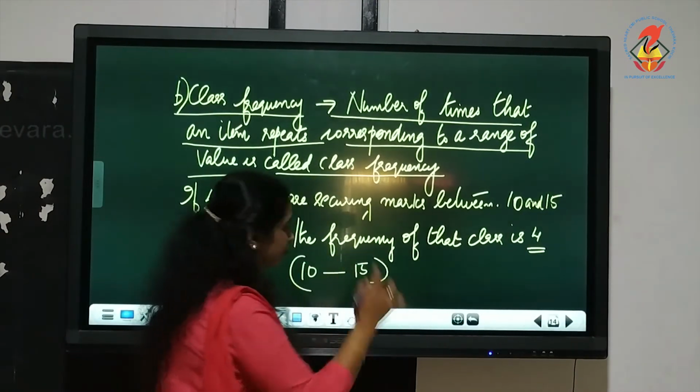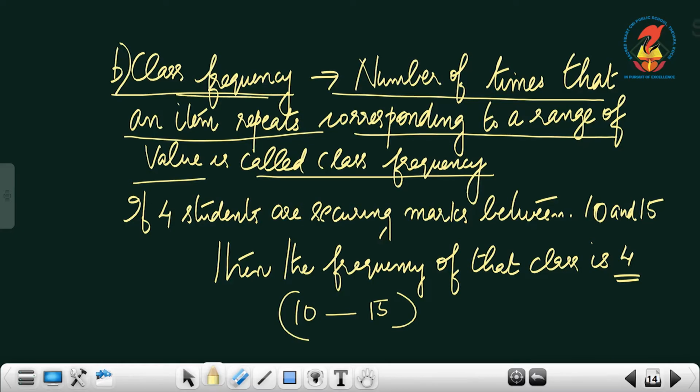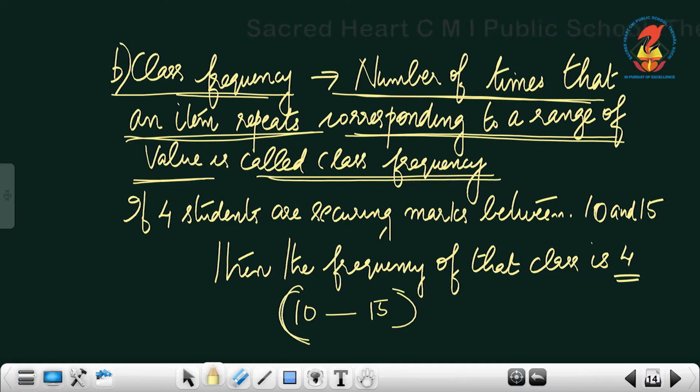It is a range of values, isn't it? So what is the definition here? Class frequency refers to the number of times that an item repeats corresponding to a range of values. This is a range of values, 10 to 15. That means it is a range starting from 10 and ending at 15.